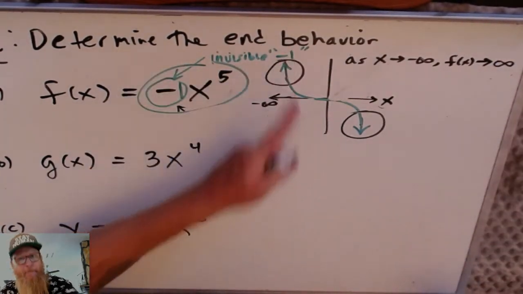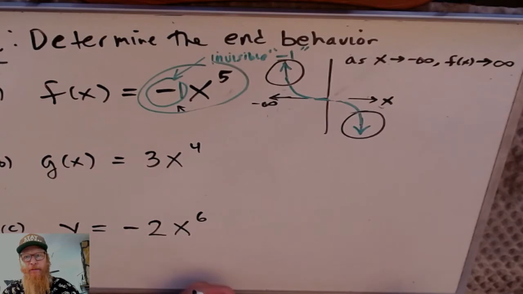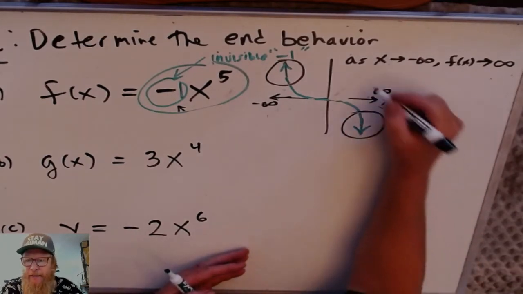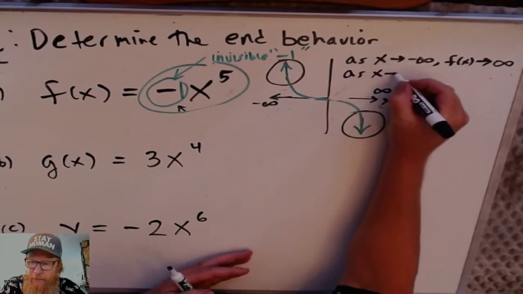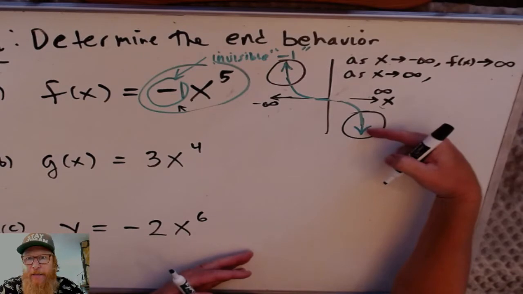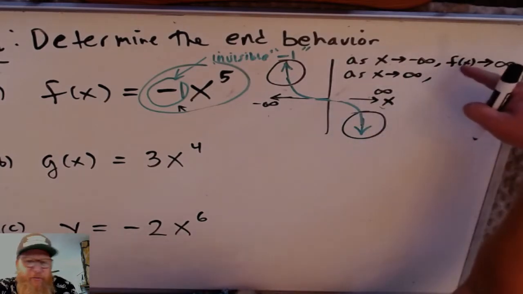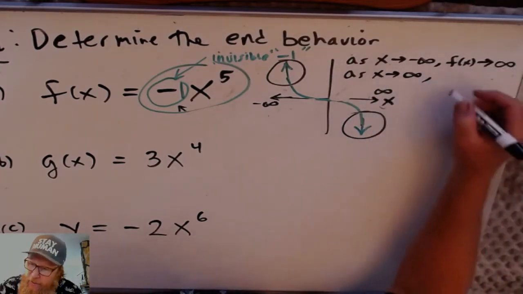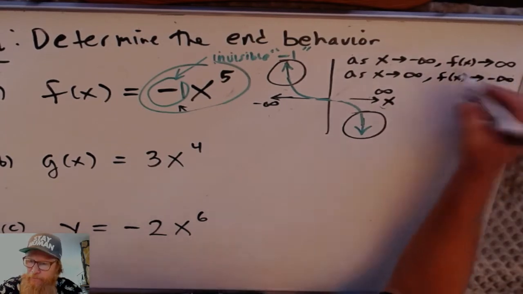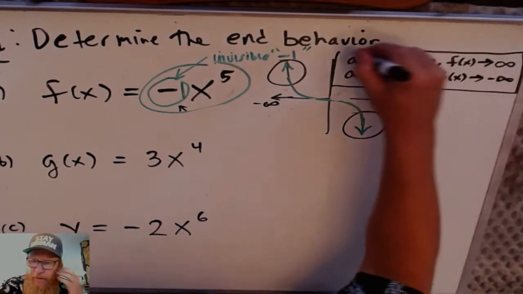It's going up. Okay. Then we go to the right end. As x approaches +infinity, what's happening to the y? Remember, f is the same as y. The direction is going down. And there you go. There's your end behavior.